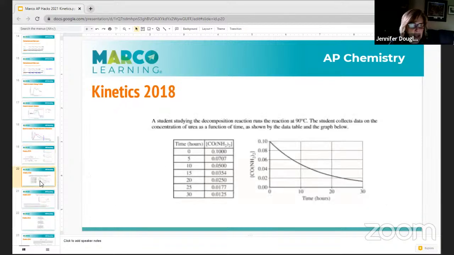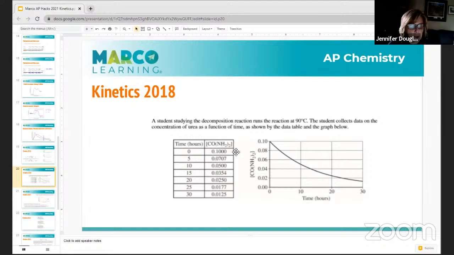How about in 2018? They gave you a graph of concentration versus time, and that's not a straight line. So that lets us know it's not zero order. But they certainly don't expect you to go graphing the reciprocal and the natural log to find out what order it is. But notice what else they gave you. They gave you concentration changing as a function of time.